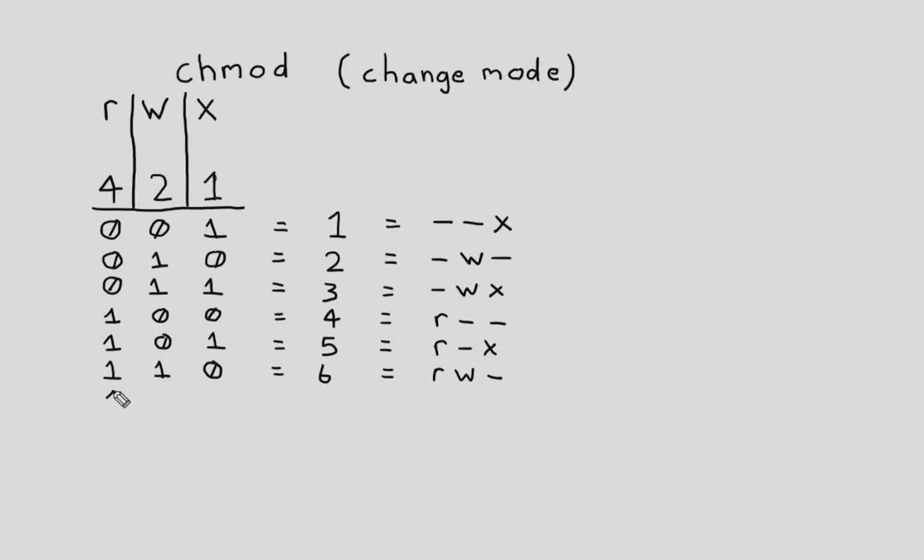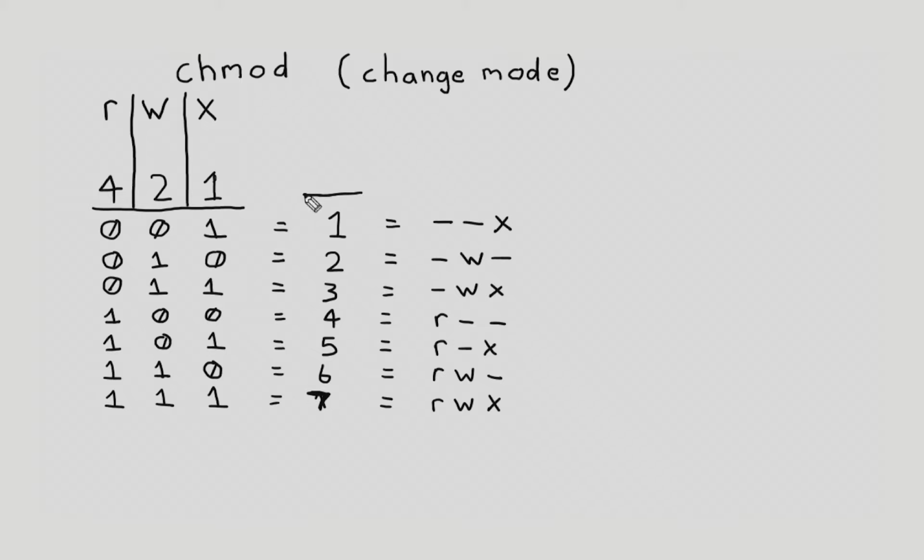And 7 would be our highest number with a 1 in all 3 places. That is a 7, which equals read, write, and execute. So hopefully this isn't that confusing if you're familiar with basic counting in binary. But what we do is we basically use this binary counting method to arrive at an octal number.